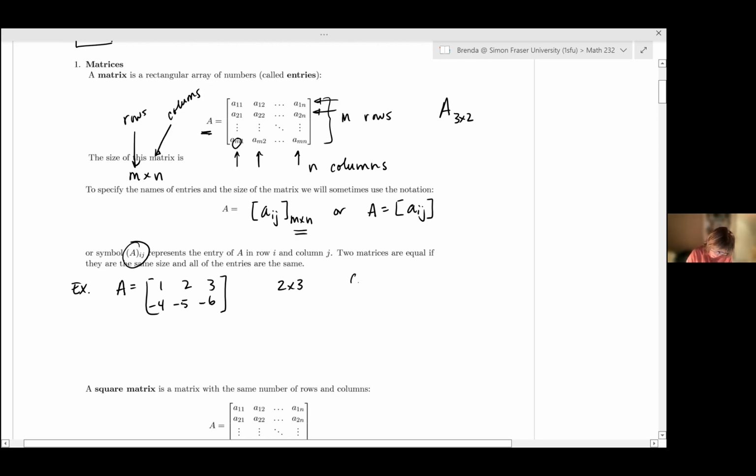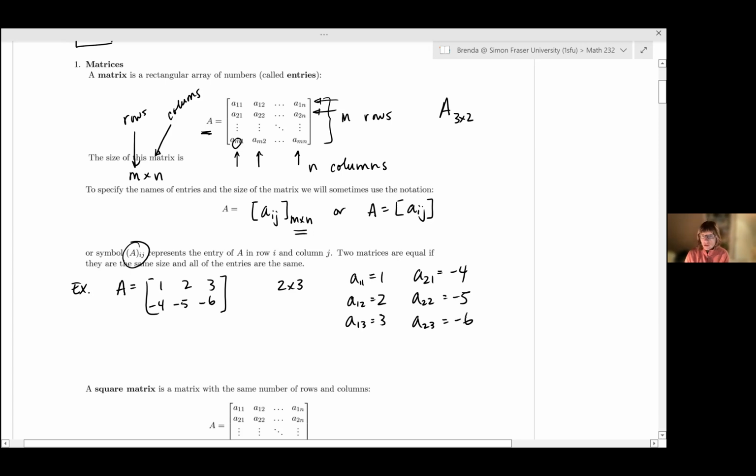The entry a11 is 1, and that is in the first row, first column. Then in the first row, second column is the number 2. In the first row, third column is the number 3. Similarly, in the second row, first column is the number -4. In the second row, second column, -5. And in the second row, third column is -6.